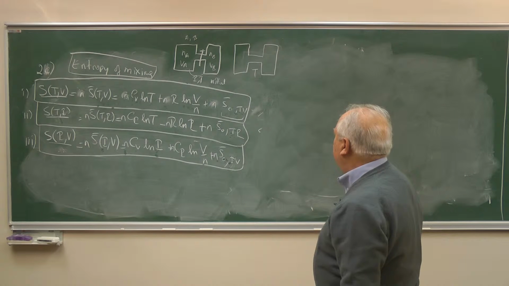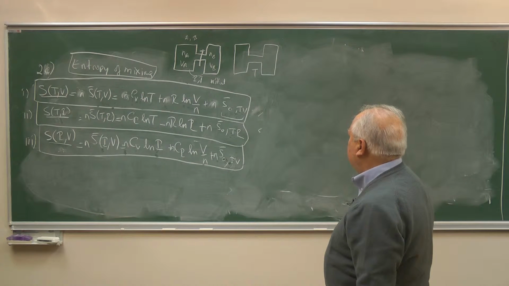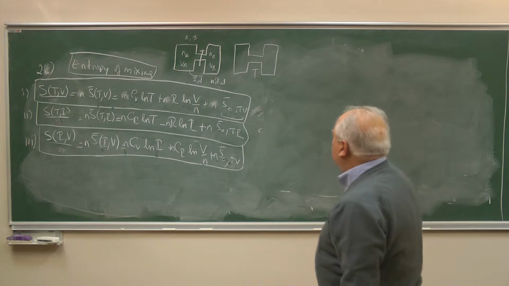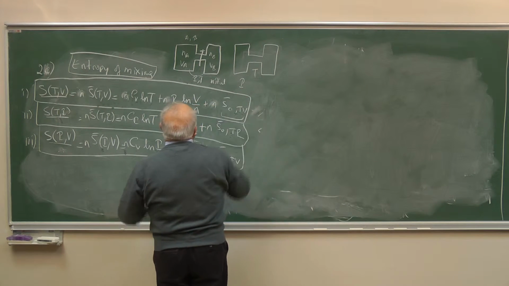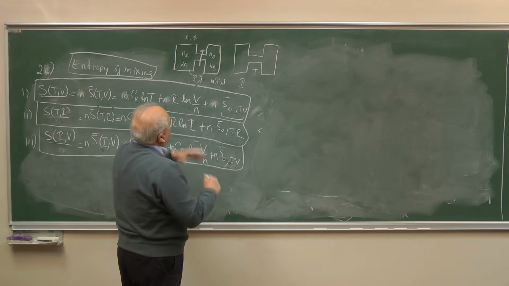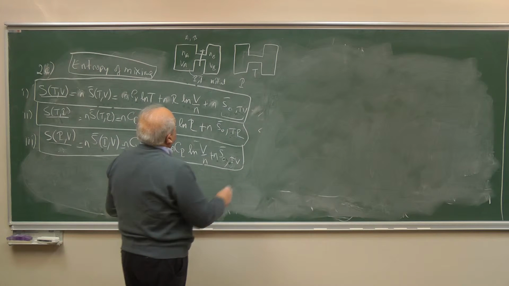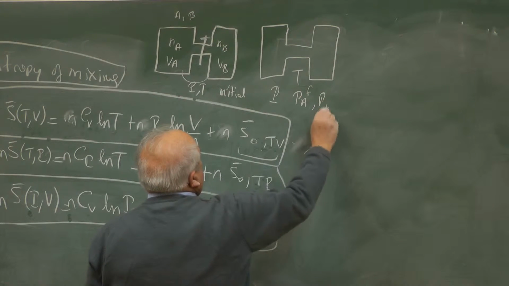Temperature does not change. That's the famous experimental result. But of course, total pressure is P, but the partial pressures are not P because the gases occupy a larger volume. They have PA final, PB final.